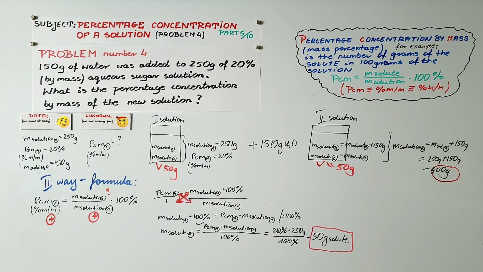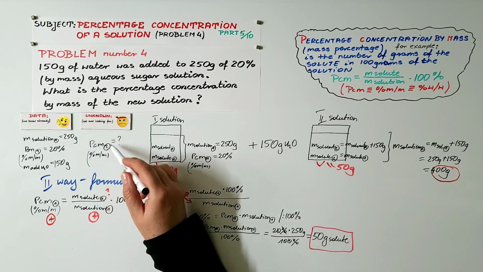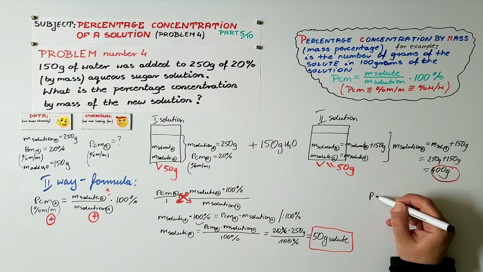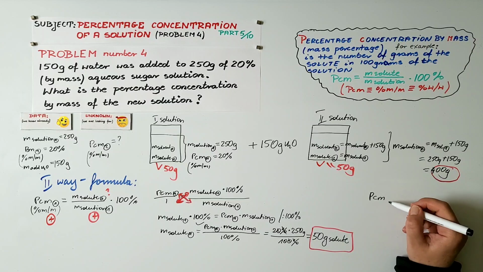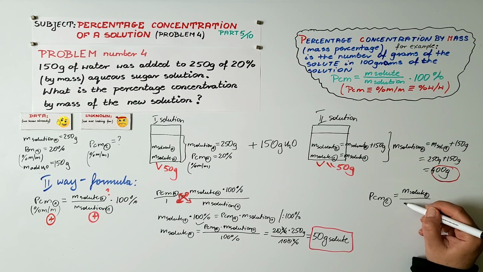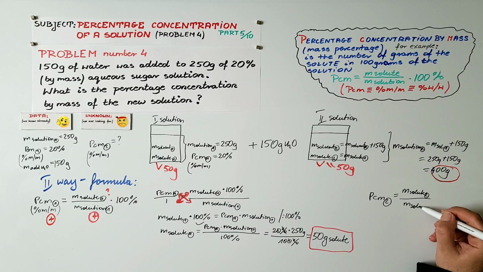Now let's calculate percentage concentration by mass in the second solution. So PCM in the second solution is mass of solute 2 over mass of solution 2 multiplied by 100%.